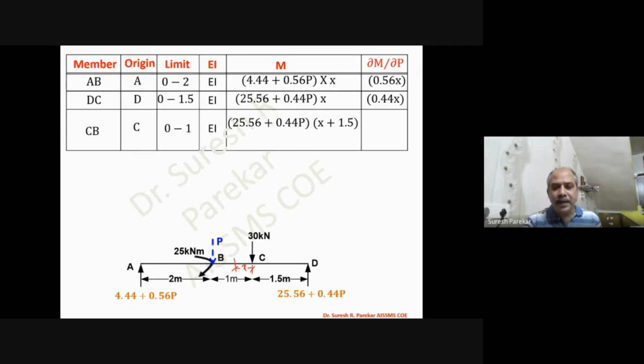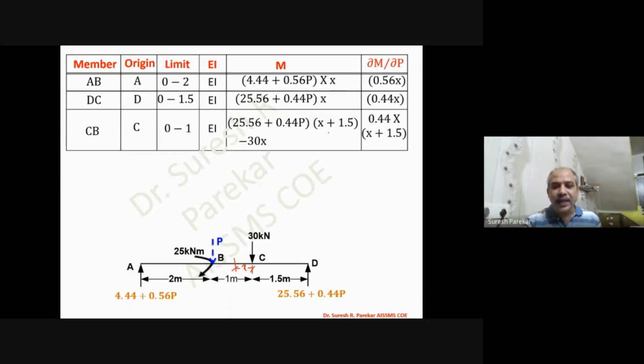And then we have 25.56 plus 0.44 P into X plus 1.5 minus 30 into X. If we take a derivative with respect to P, then we have 0.44 in bracket X plus 1.5. So we have 0.44 into (x plus 1.5).